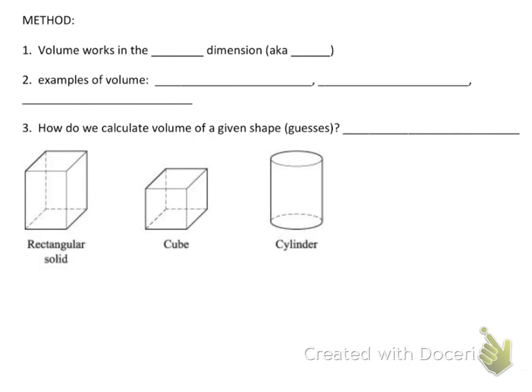Okay, moving on from area, let's talk about volume. Volume works in the third dimension. Us, we're in third dimension, aka 3D. Examples of something that has volume. Your water bottle has a volume, usually about 1 liter, right? 1,000 milliliters.